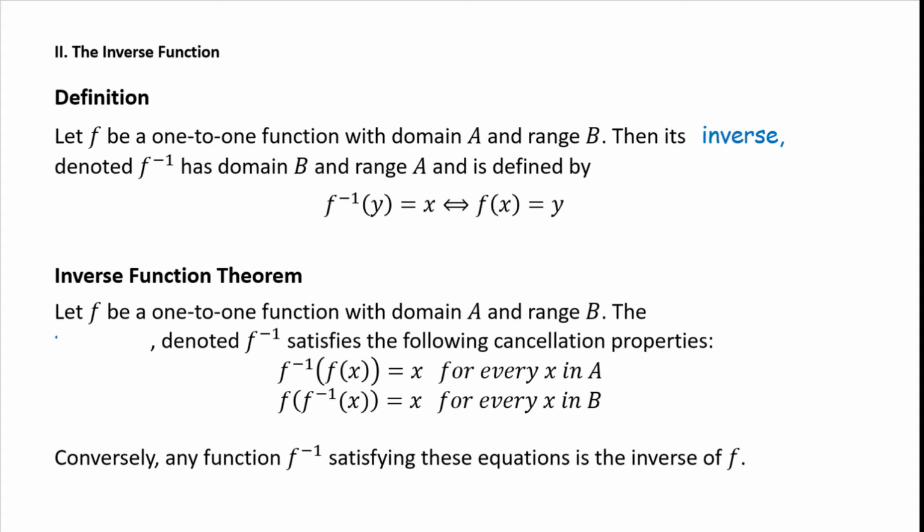The inverse function theorem. Let f be a 1-to-1 function with domain A and range B. The inverse function, denoted f superscript -1, satisfies the following cancellation properties. f superscript -1 of f of x equals x for every x in A, and f of f superscript -1 of x equals x for every x in B. Conversely, any function f superscript -1 that satisfies these equations is the inverse of f.